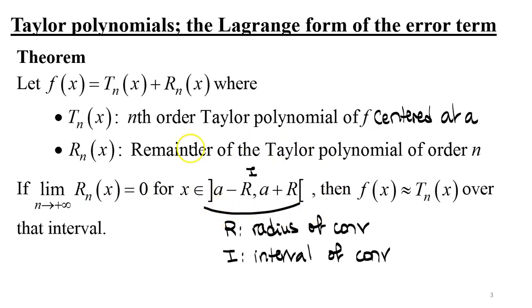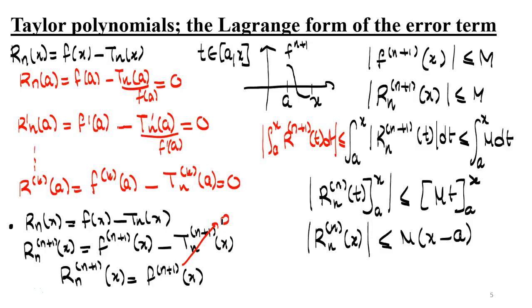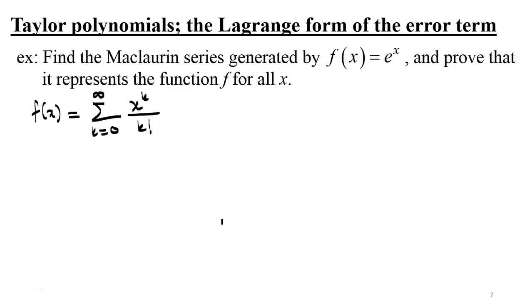So by determining the interval of convergence, I then determine the limit of the error term. If the limit of the error term when n goes to positive infinity is 0, then f of x is well represented by that series over that interval.